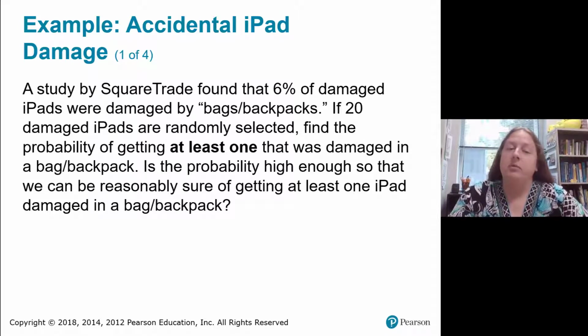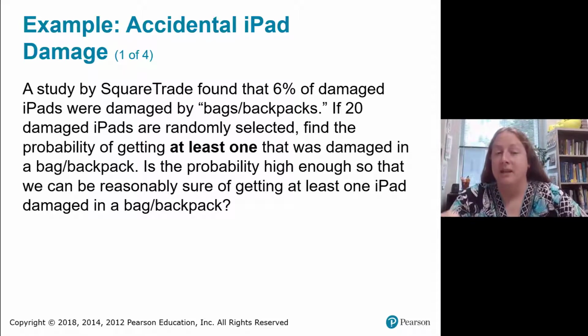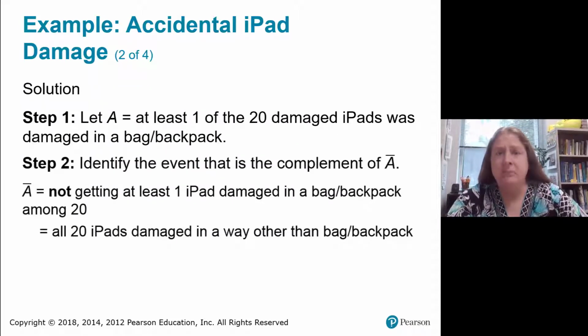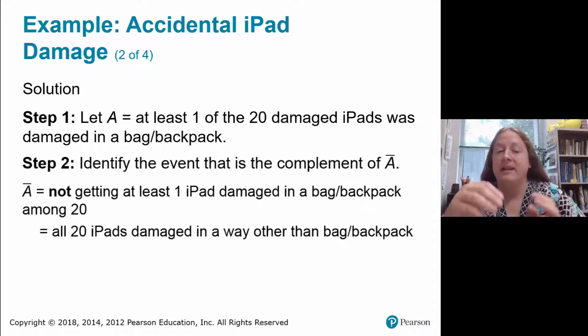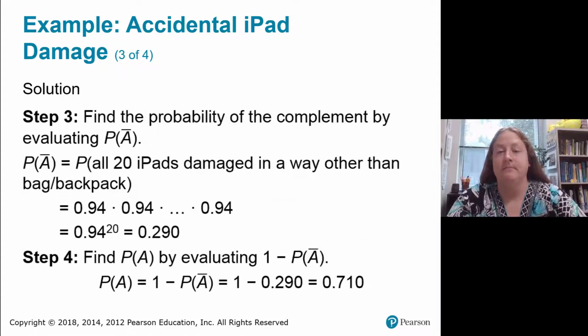So instead, what we're going to do is consider the complement: what's the probability that none of those 20 iPads were damaged by a bag or backpack. So our complement is none, so we're going to get 20 iPads that were not damaged in a bag or backpack.